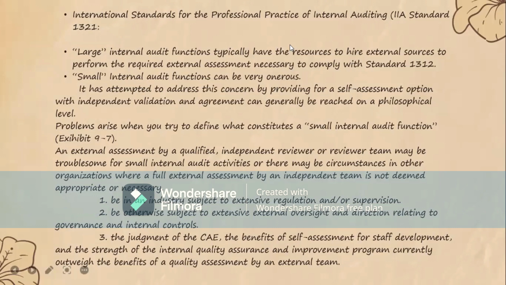The International Standard for the Professional Practice of Internal Auditing, or the IIA Standard 1321, states that a large and a small internal audit function are not the same.